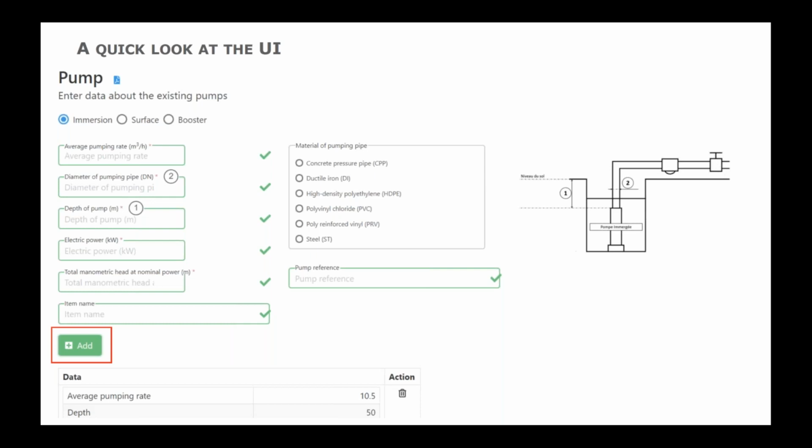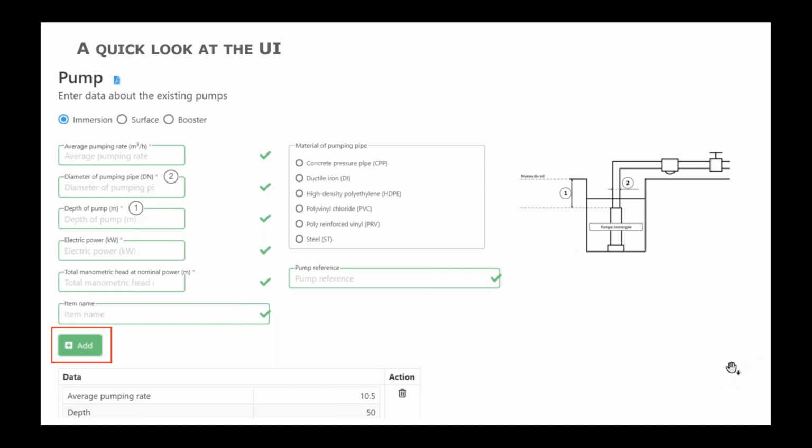So we have types of pumps with key figures and key characteristics of pumps: pumping rates, depths of pump, electric power, etc. This will allow us to have a flexible tool that does not just focus on simple networks.